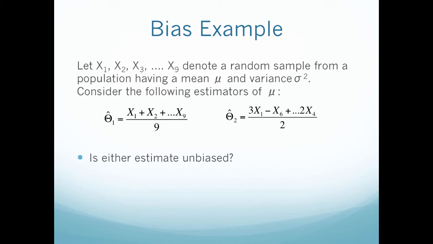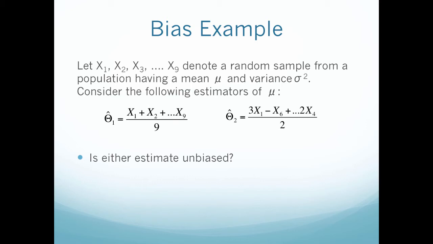Let's let x1, x2, x3, and so on denote a random sample from a population having a mean mu and a variance sigma squared. Consider the following estimators of mu. So I'm going to say that statistic 1, or capital theta hat, equals all of these values added up and divided by 9. And then statistic 2 equals a combination of them.